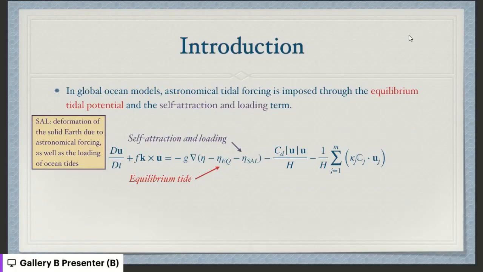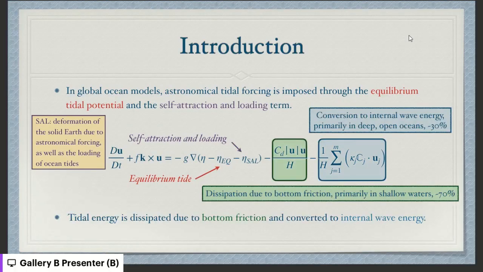So in numerical models, at least on the global scale, the tidal energy is input into the model through the equilibrium tidal potential and the self-attraction and loading. And then the energy is removed from the system due to the bottom friction, which is about 70%, and it occurs primarily in the shallow waters.